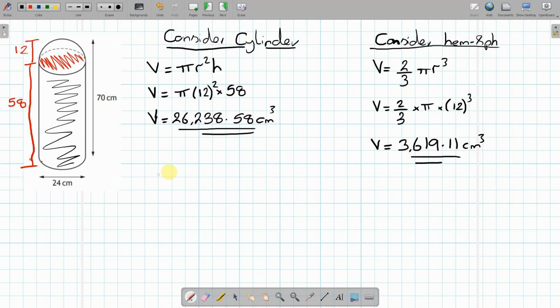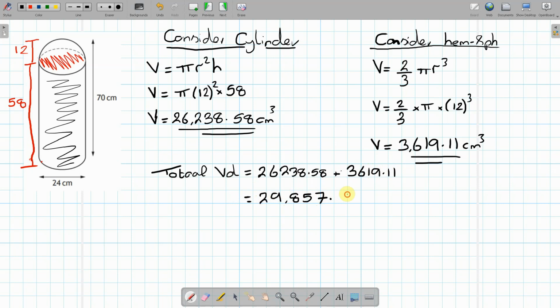Now, to find the total volume, it is literally a case of adding them together. So it's going to be 26,238.58 plus 3,619.11, which will give us a value of 29,857.69 centimeters cubed.